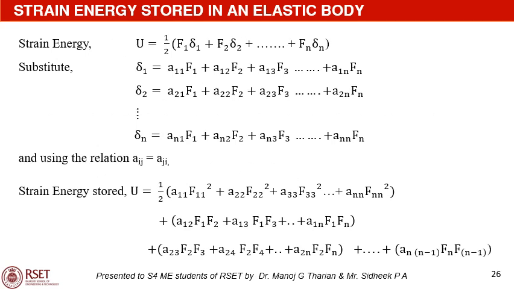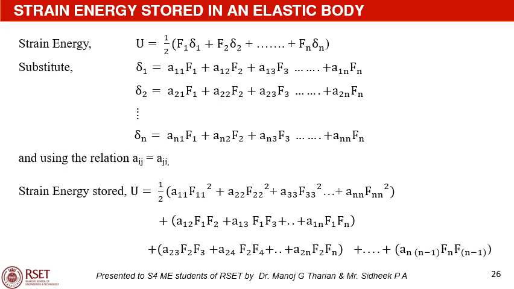We had already derived the expression for strain energy stored in an elastic body which is subjected to n number of forces F1, F2, F3, etc. up to Fn. Now here we will substitute the expressions for the corresponding displacements delta 1, delta 2, etc. up to delta n. That is, the corresponding displacement delta 1 is equal to A11 F1 plus A12 F2 plus A13 F3 plus etc. up to A1n Fn.